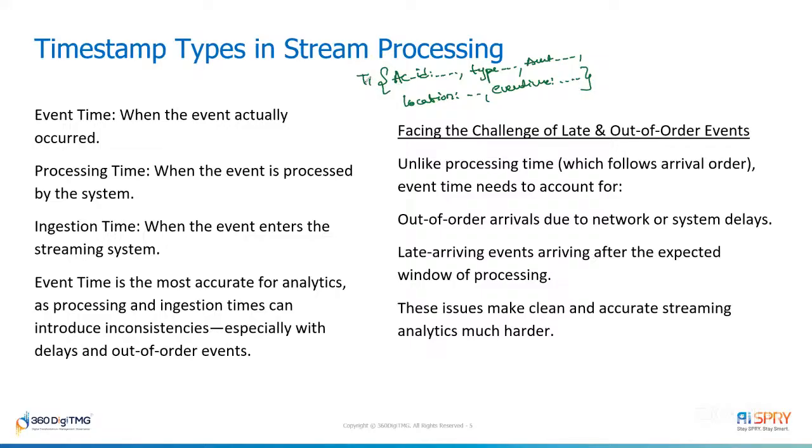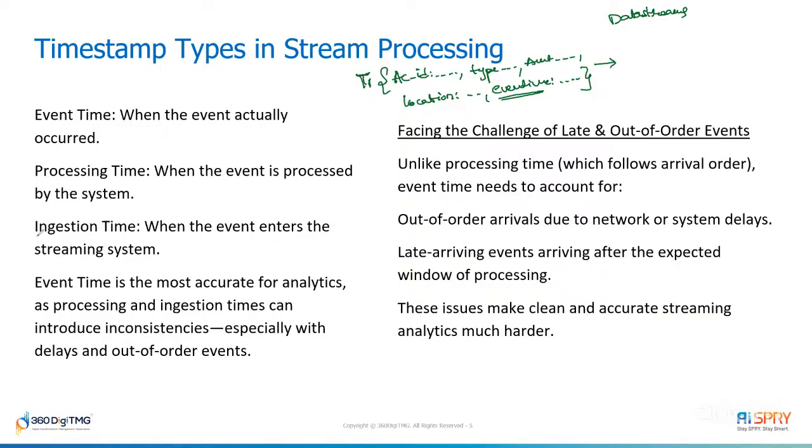So this is a transaction that happened, and these are the attributes we have in it. Event time is when the transaction actually happened. And we need to capture this in real time. For that, we will use something called data streams. We will ingest into the data streams.